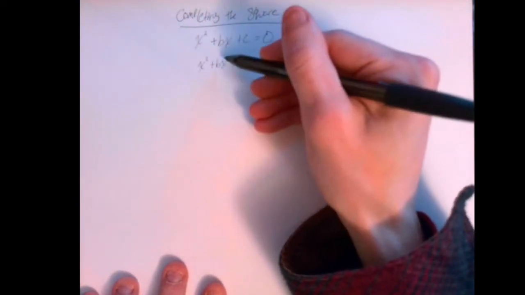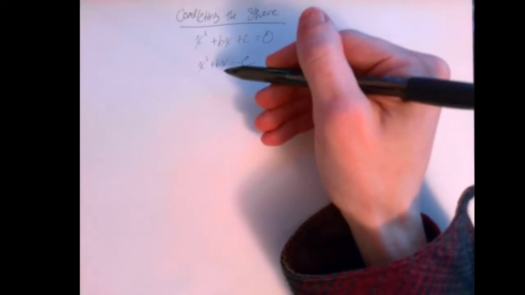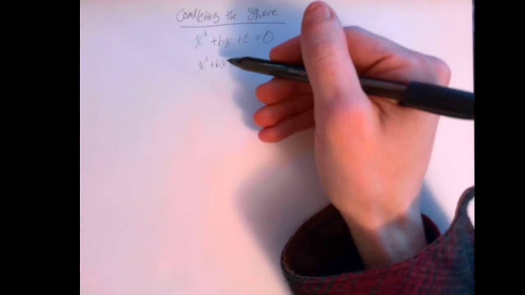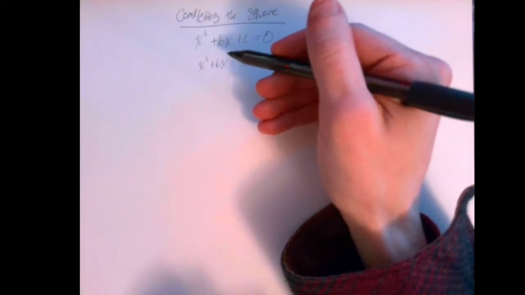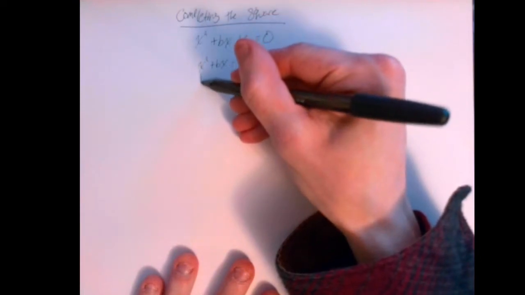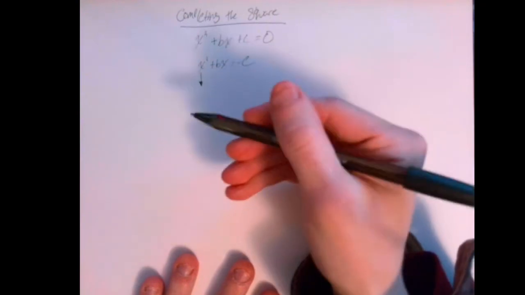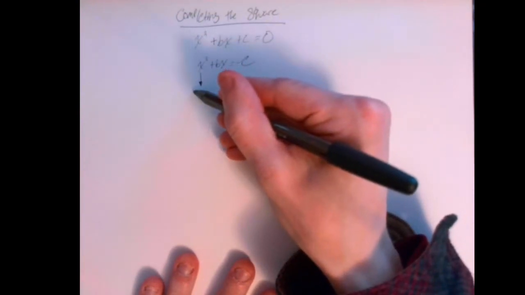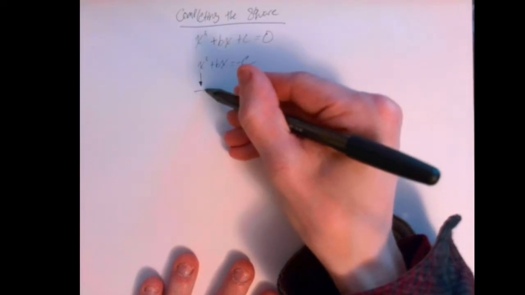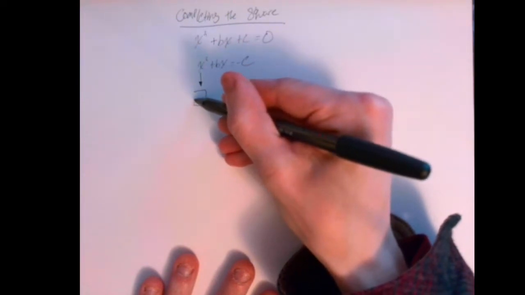Because when you complete the square, you want to do it to these two terms, the terms with the x in it, or the terms that can be interpreted as squares or rectangles. Like, for example, this x squared here, we can look at this geometrically as a square.